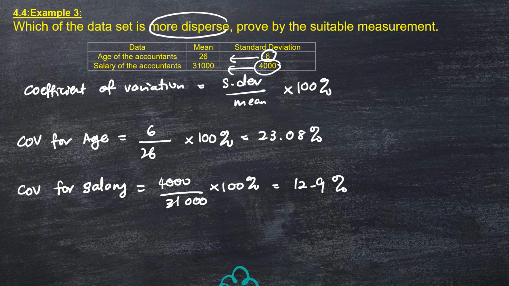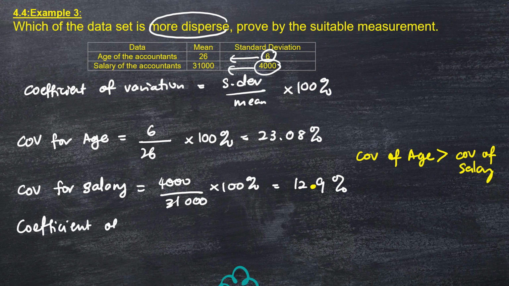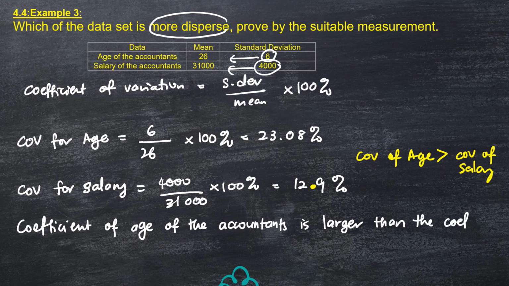Okay, so here we can see that the COV of age is greater than the COV of salary. So our conclusion will be, the coefficient of variation of age of the accountant is larger than the coefficient of variation of salary of the accountant.